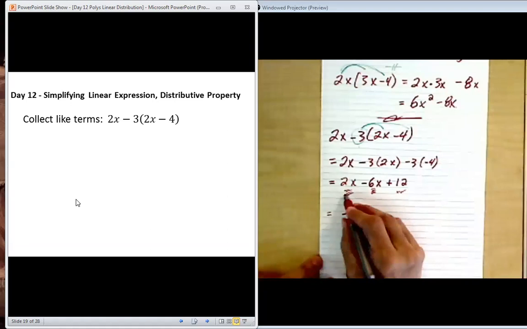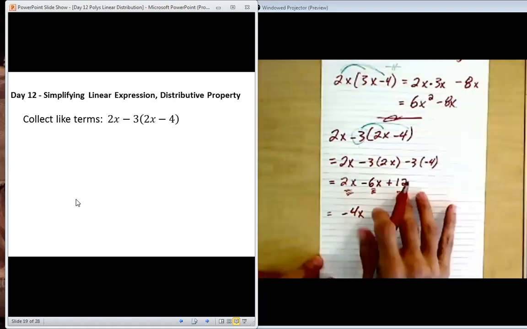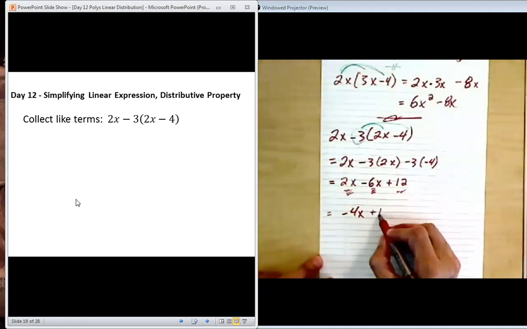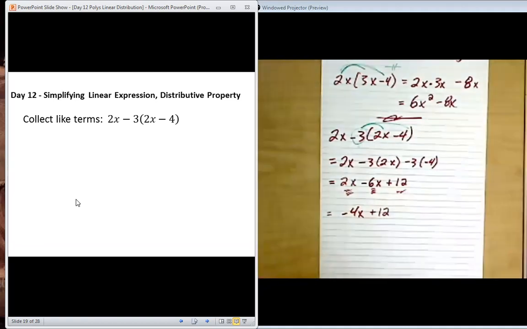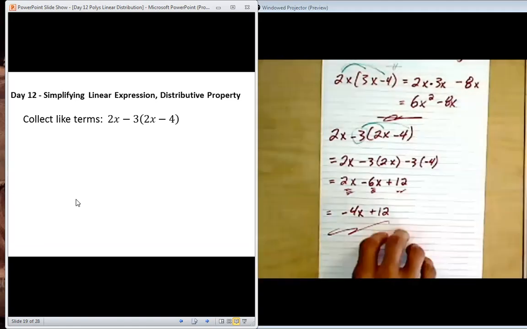We're looking at x's, so minus 4 x's. Plus 12, that just hangs around. Okay, nothing to combine with that one. Finishes there. See, look at this. Starting to look pretty professional, eh?